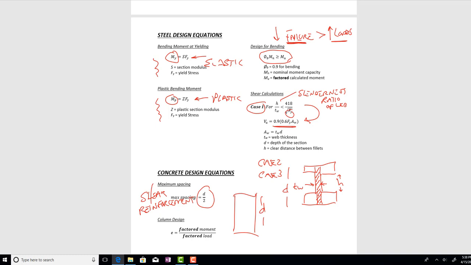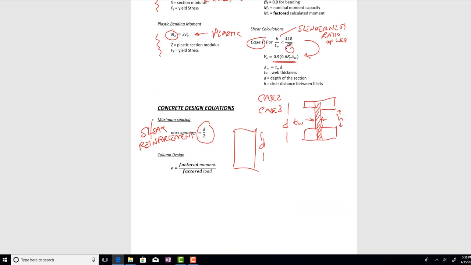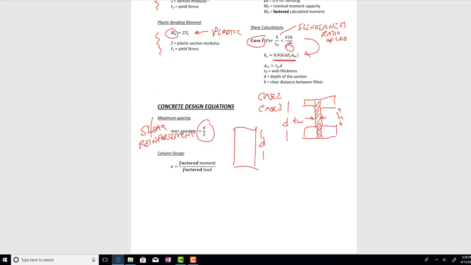When we're dealing with column design, remember the eccentricity. We went through this on the other video, but with a general moment equation, moment by definition is force times distance. If we need to figure out what the distance is, that's simply the moment divided by the force.